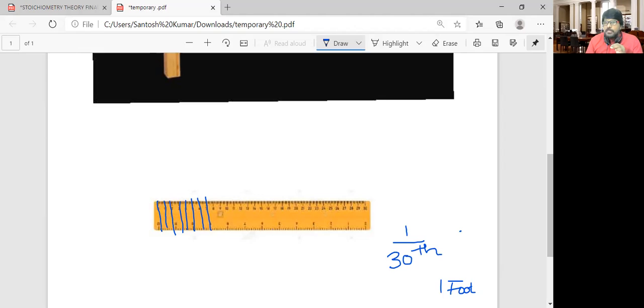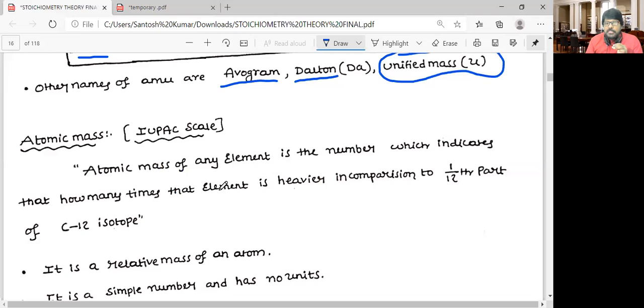Based on this, let us understand the definition of atomic weight according to IUPAC. Yesterday, in the previous video also, I told you about atomic weight and atomic mass. In chemistry, there is not much difference, but initially I clarified that sometimes I'll be saying atomic mass, sometimes atomic weight, so consider that it is mass only.